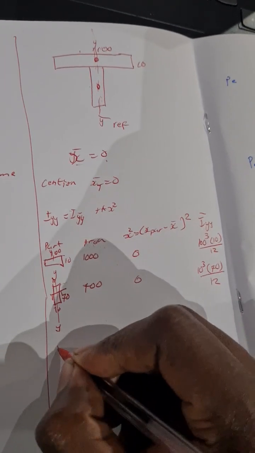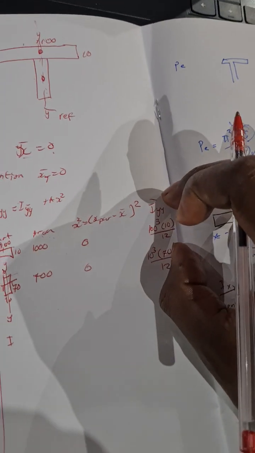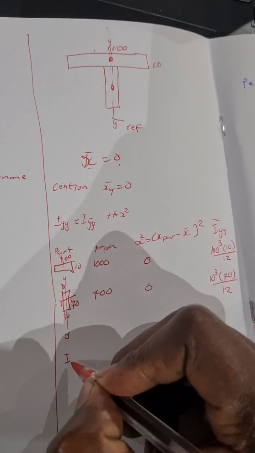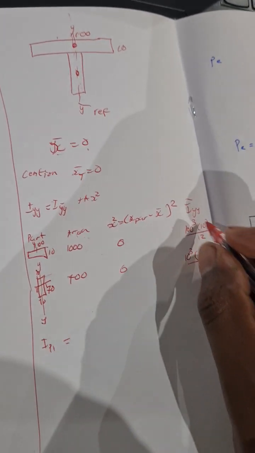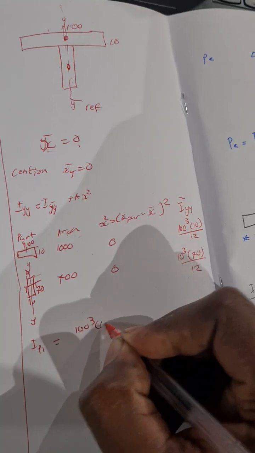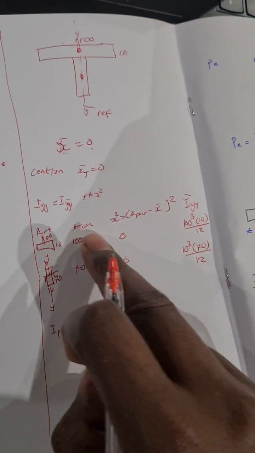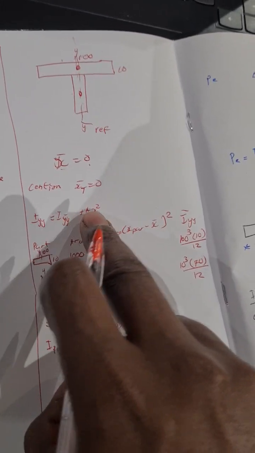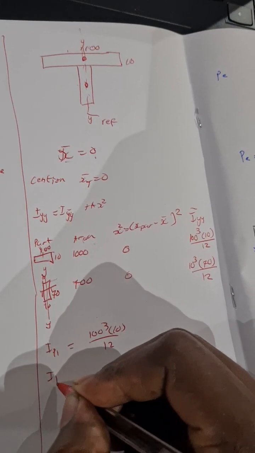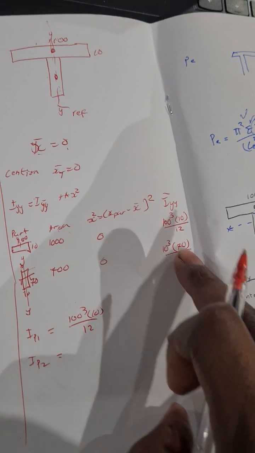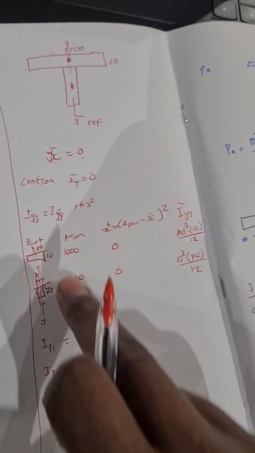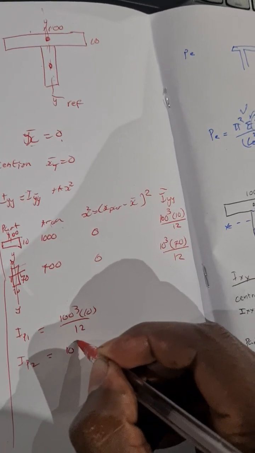So we know that there's no space to write. So for the first part, let's say part 1 is equal to 100 cube times 10 over 12. Because when you substitute 0 here, everything is gonna be 0. Part 2, look into this plus look in this, you can see.